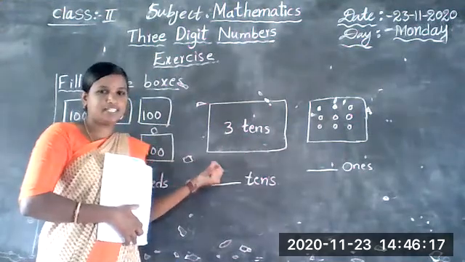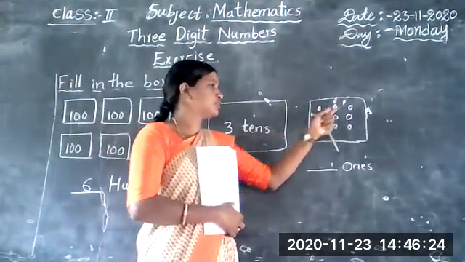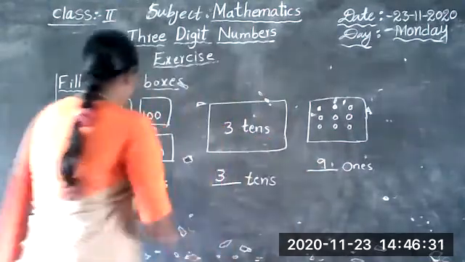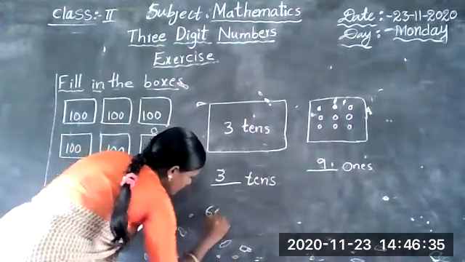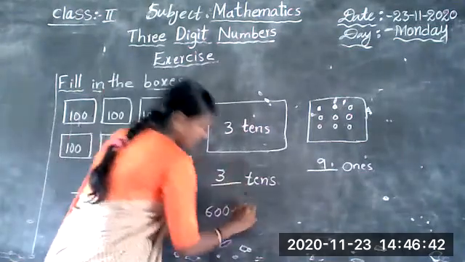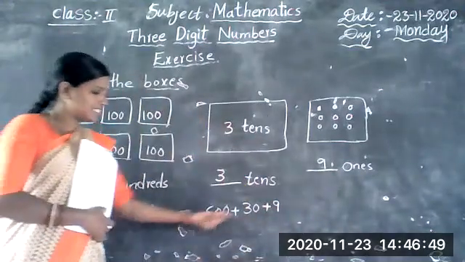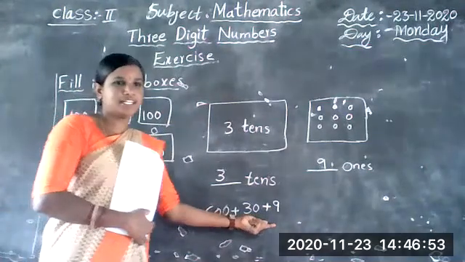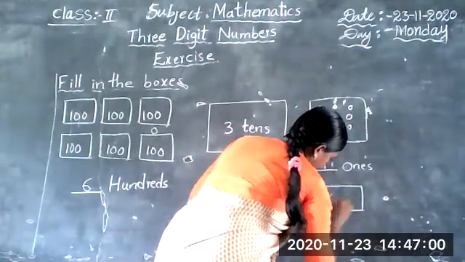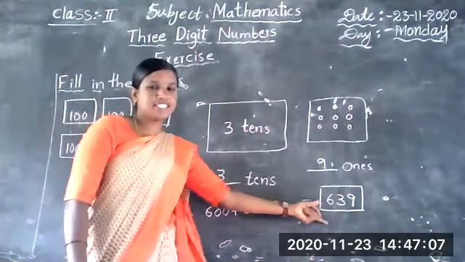How many ones are there? 1, 2, 3, 4, 5, 6, 7, 8, 9. 9 ones. So 600, 3 tens is equal to 30, next 9 ones. So the total is 639. The number is 639.